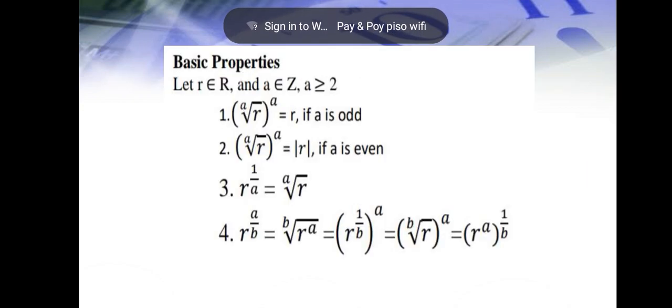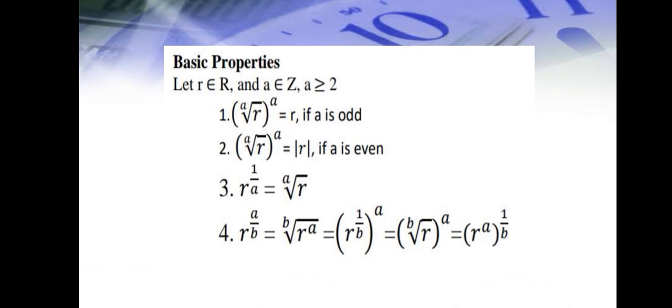Basic properties. Let r be an element of R and n greater than or equal to 1. Number 1, the nth root of r to the power of n is equal to r if n is odd. Number 2, the nth root of r to the power of n equals the absolute value of r if n is even. Number 3, r to the 1 over n is equal to the nth root of r.